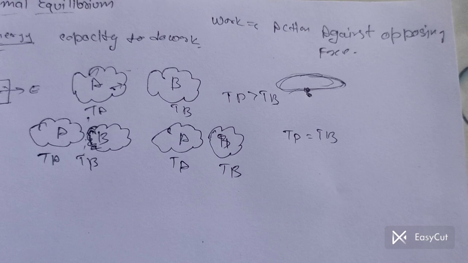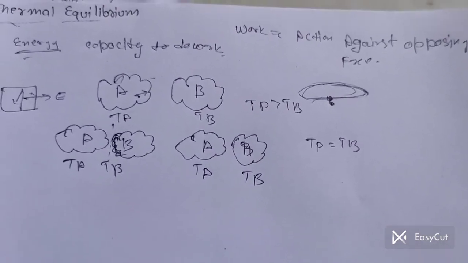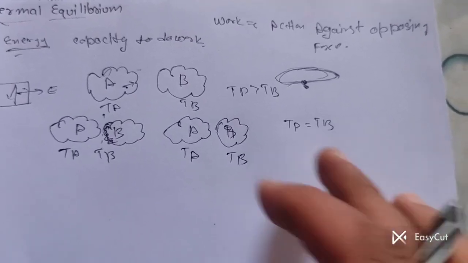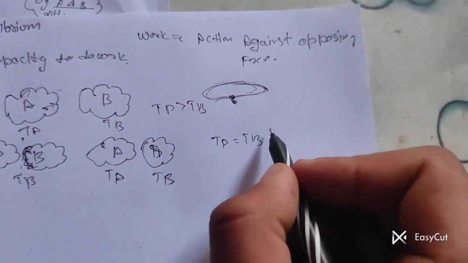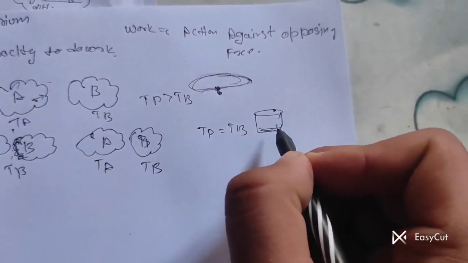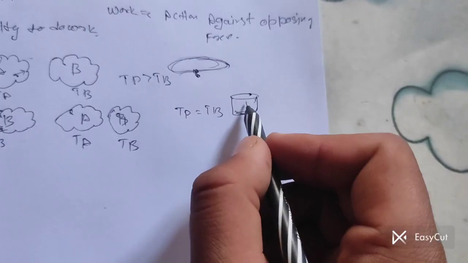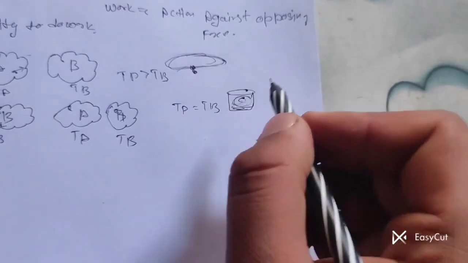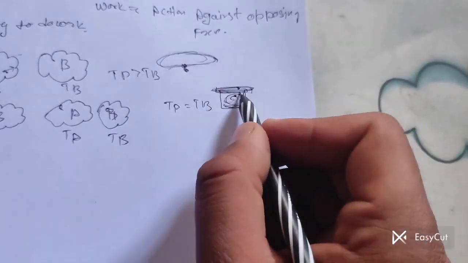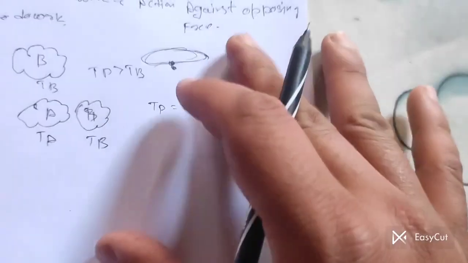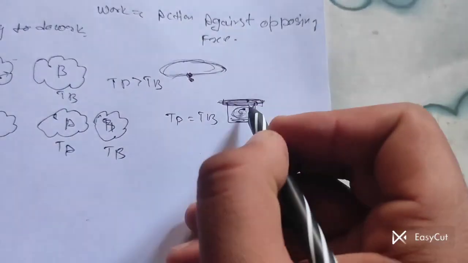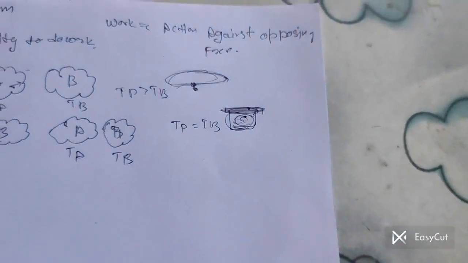How can we explain this? We understand science through real life things. Using a glass of hot water, if we close it with a lid, after some time the temperature of the glass goes down.